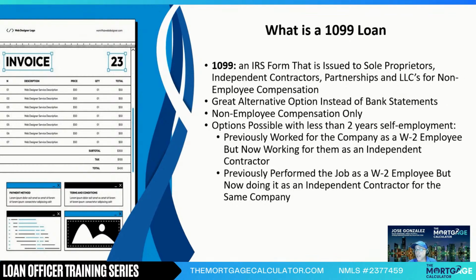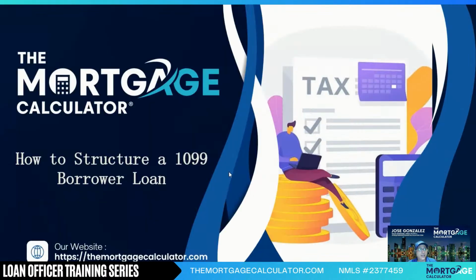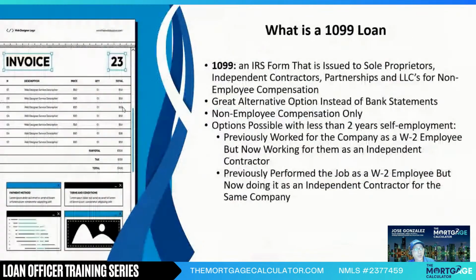So let's jump right into it here. How to structure a 1099 borrower loan. So, what is a 1099, right? A 1099 is an IRS form that is issued to sole proprietors, independent contractors, partnerships, and LLCs. And here's the main point to consider for non employee compensation, right?